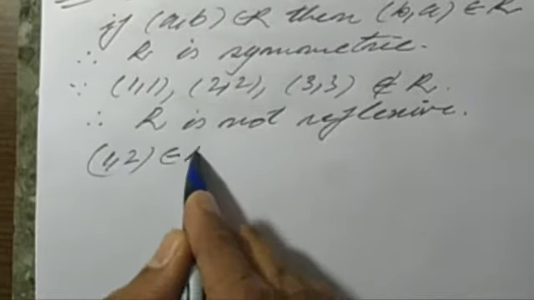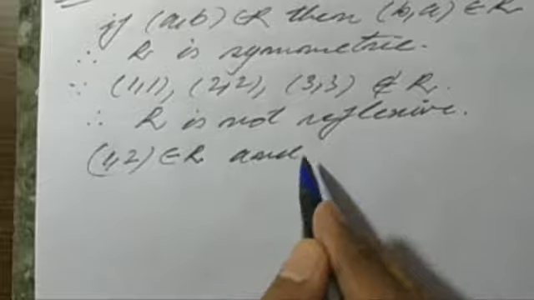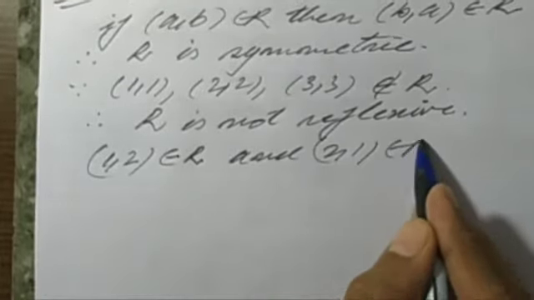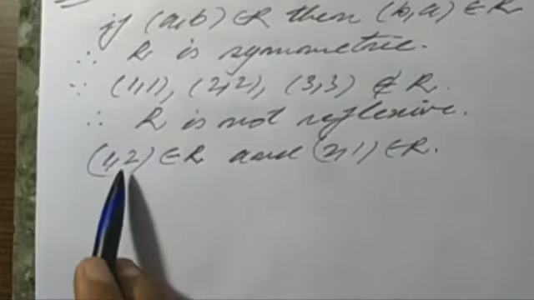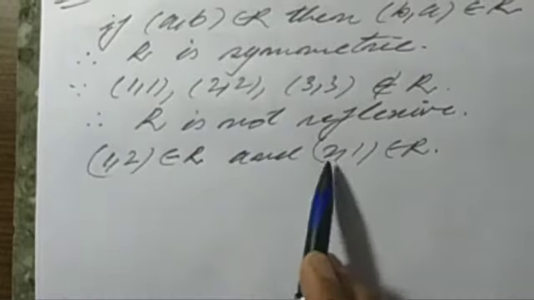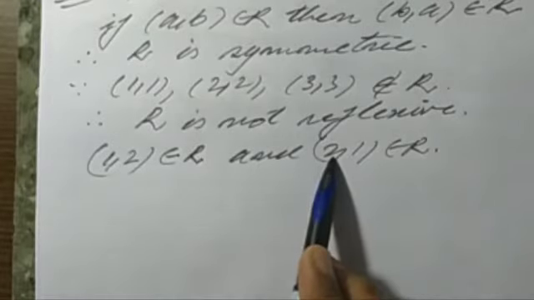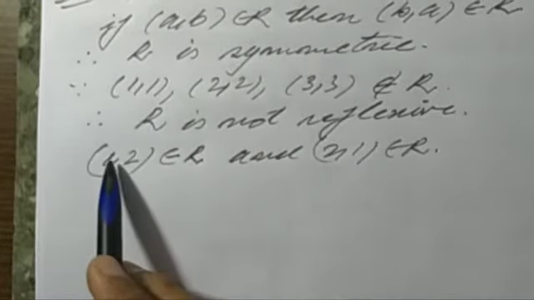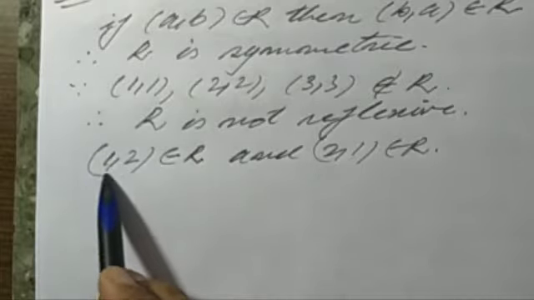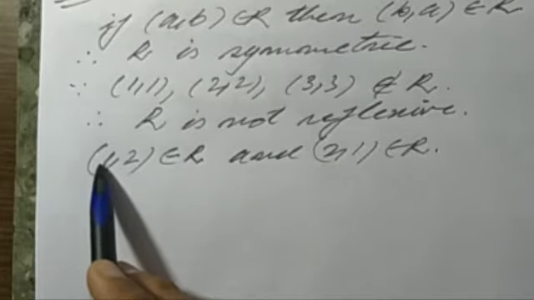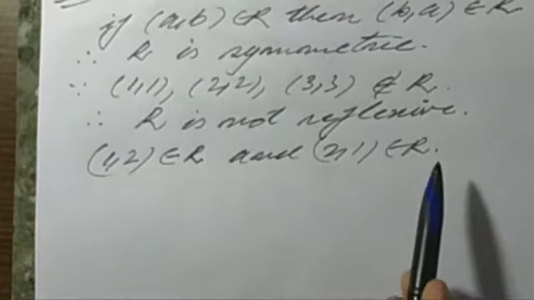And if we talk about symmetry, obviously 1 comma 2 belongs to R and 2 comma 1 belongs to R. So the criterion of symmetry can be checked, because the second component of one ordered pair is identical to the first component of the second ordered pair. For transitivity, the first element of the first pair must relate to the second element of the second pair, that is 1 comma 1 should be there for transitivity, but it is not contained by the relation.